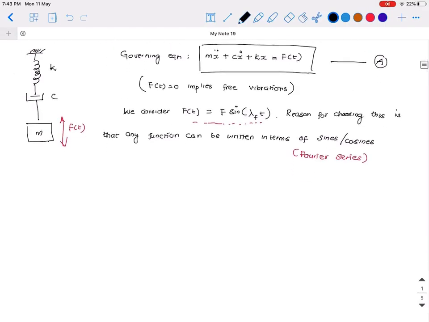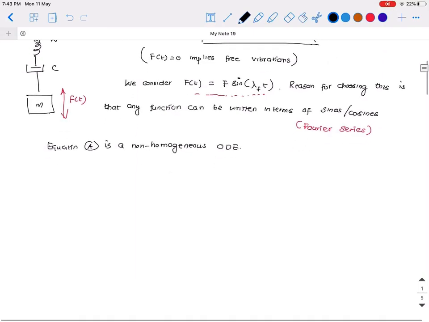So equation A, the governing equation, is a non-homogeneous ordinary differential equation.